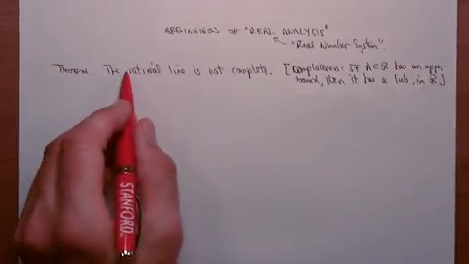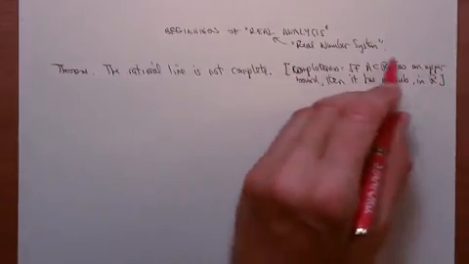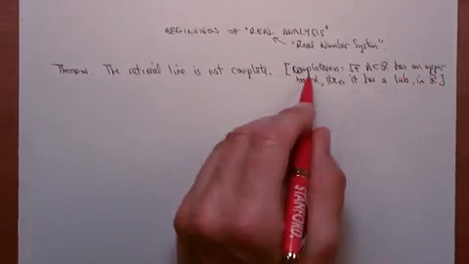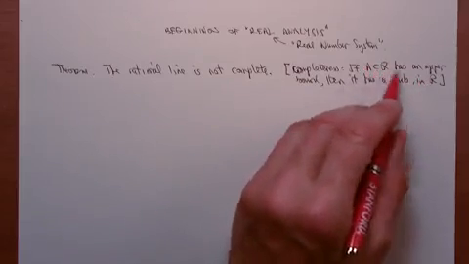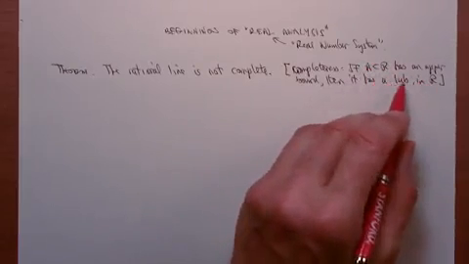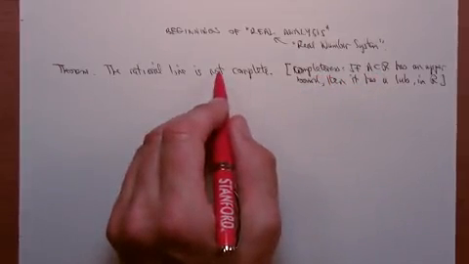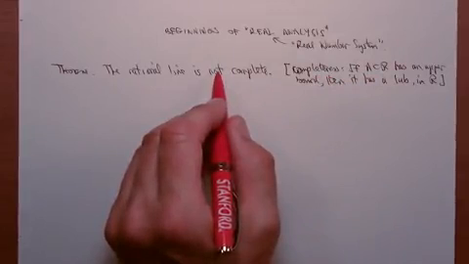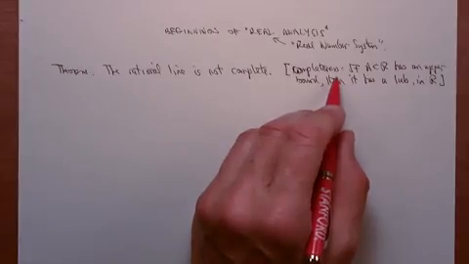What this theorem says is that this property does not hold for the rational numbers. Remember, R stands for real numbers here, but if I replaced R by Q and talked about the rational numbers, then this property would not hold. It does, however, hold for the real numbers. That is the completeness property for the real line.